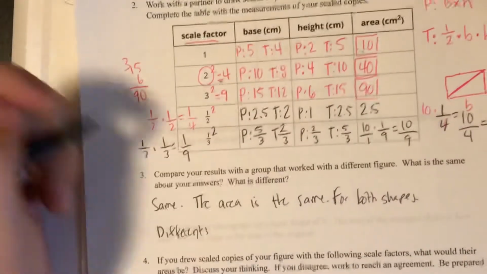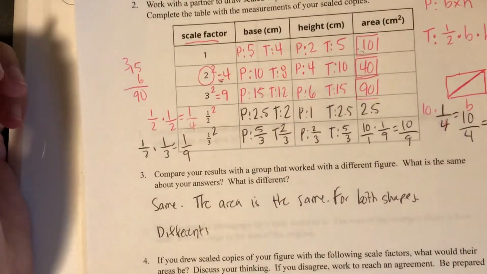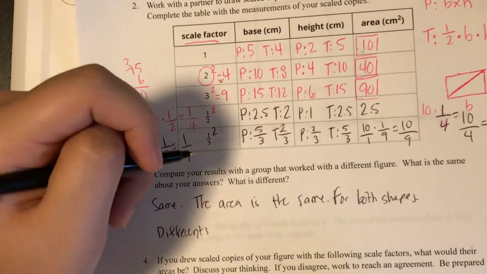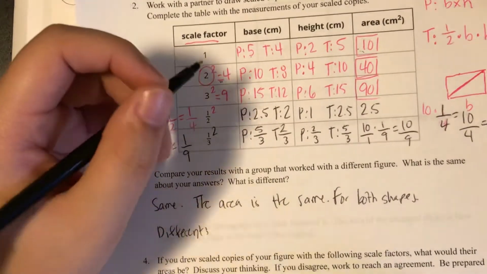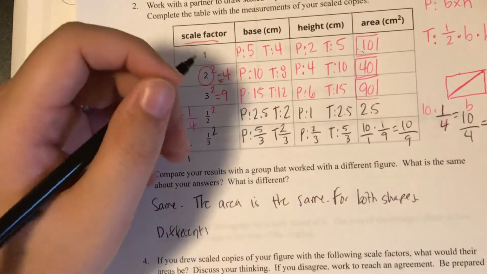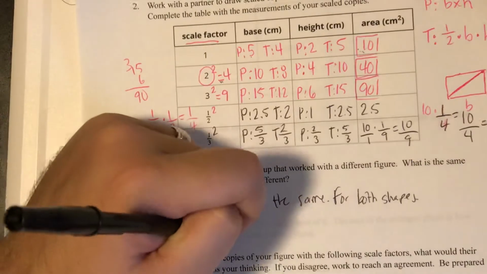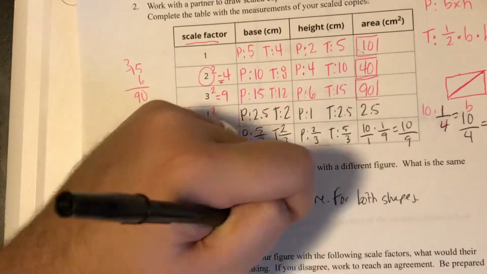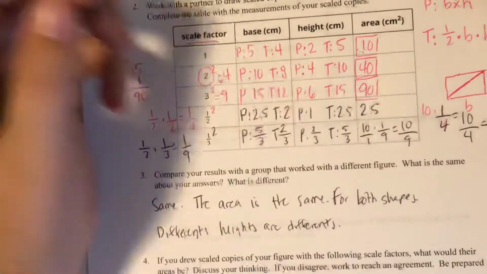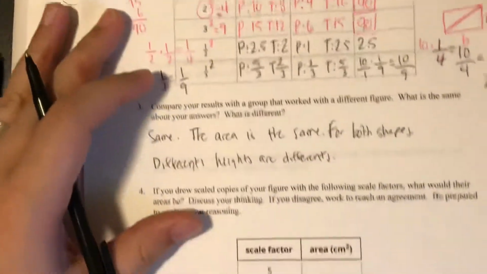So what's different about the area? What's different about them is that their heights are different. And you could say they're different shapes and they have different formulas. Any of those things would apply.